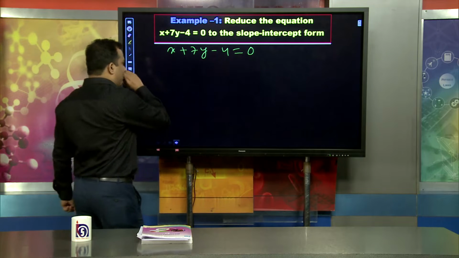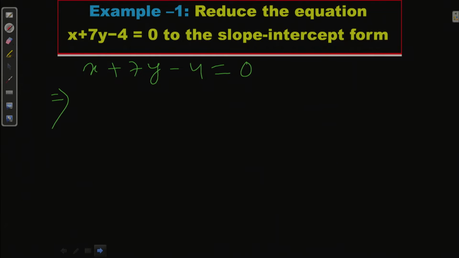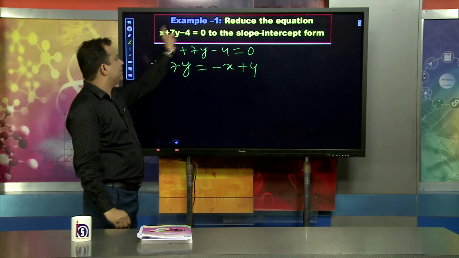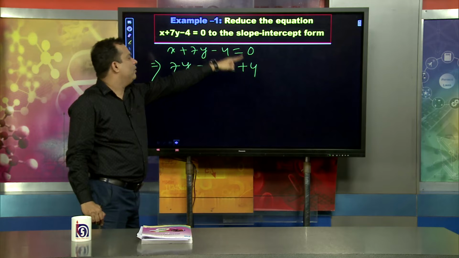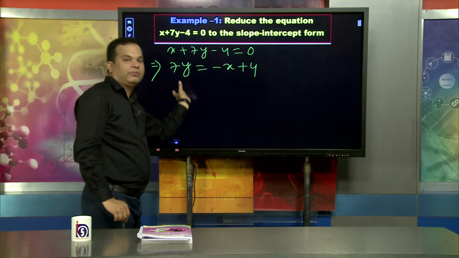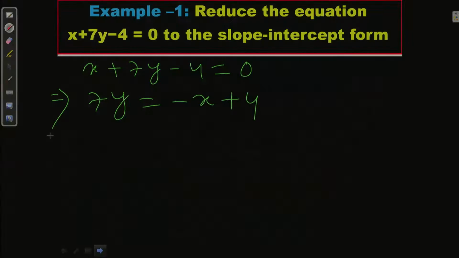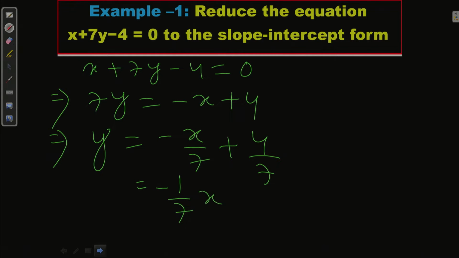Now, for x plus 7y minus 4 equal to 0, I can write 7y equal to minus x plus 4, because x becomes minus x and minus 4 becomes plus 4 when we transfer from the left-hand side to the right-hand side, as per the principle of the equation. Now the value of y is minus x by 7 plus 4 by 7, or I can write minus 1 by 7 into x plus 4 by 7. Now what do you observe here?